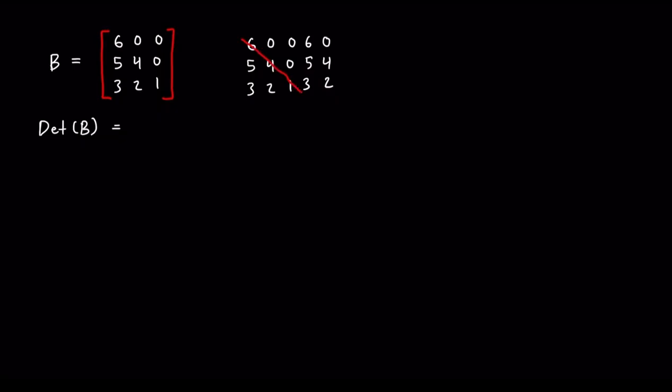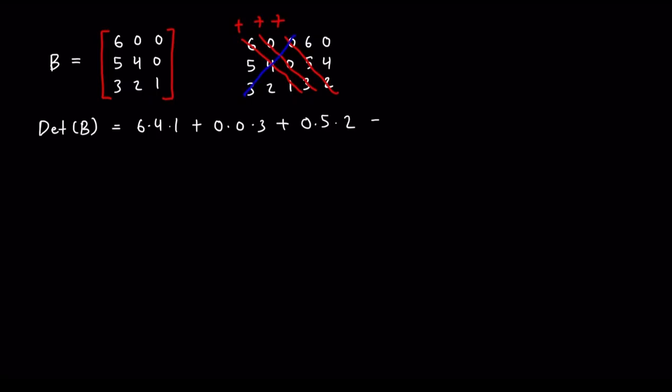So that's 6 times 4 times 1, plus 0 times 3, plus 0 times 5 times 2. These are plus, by the way, and then we'll subtract these entries.